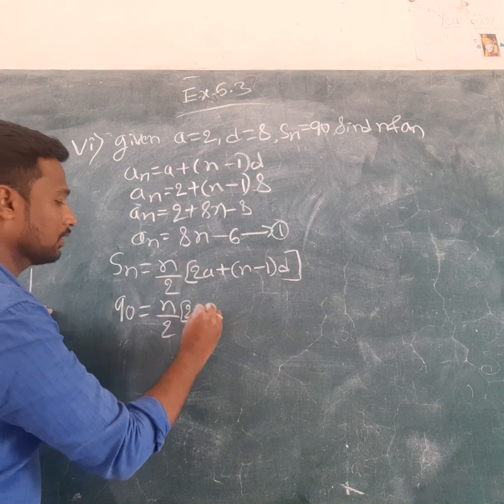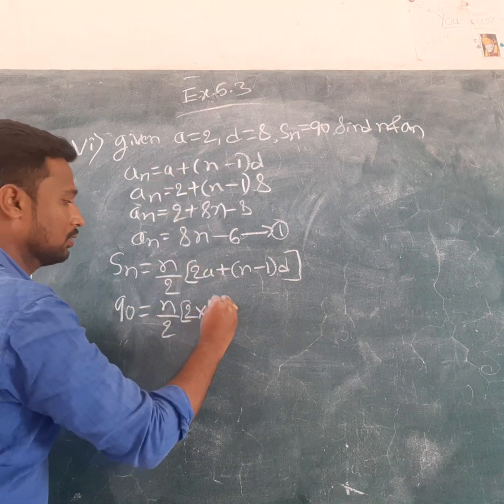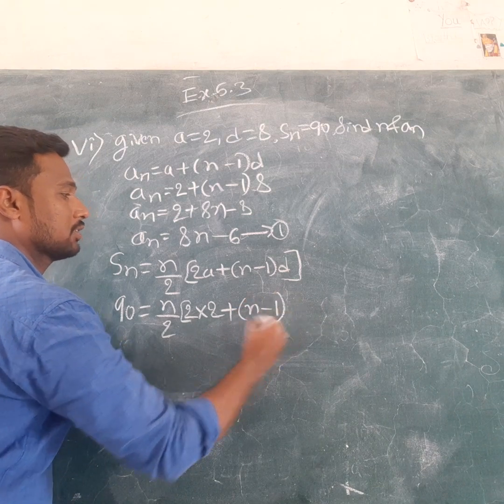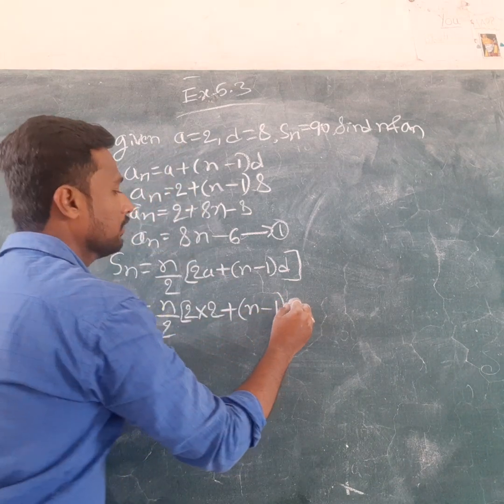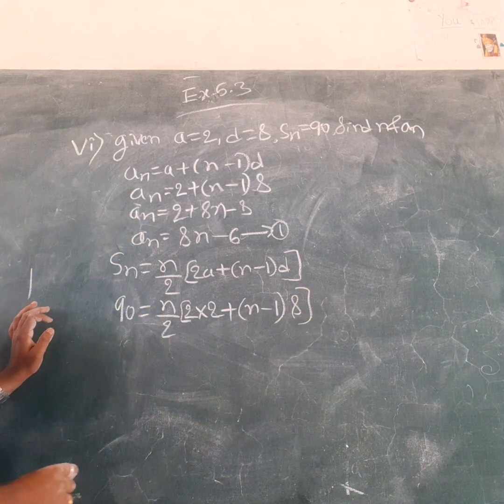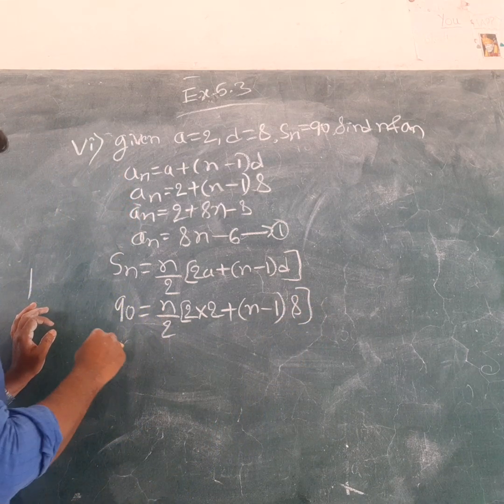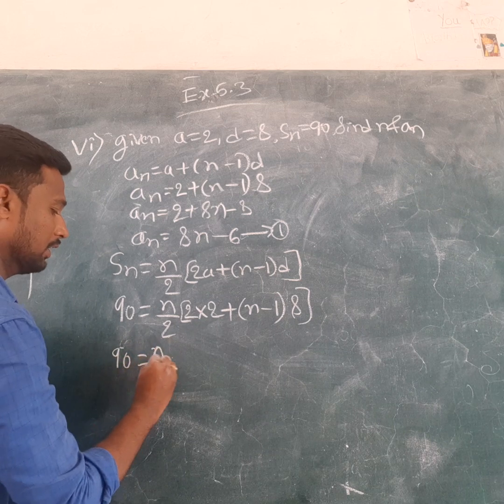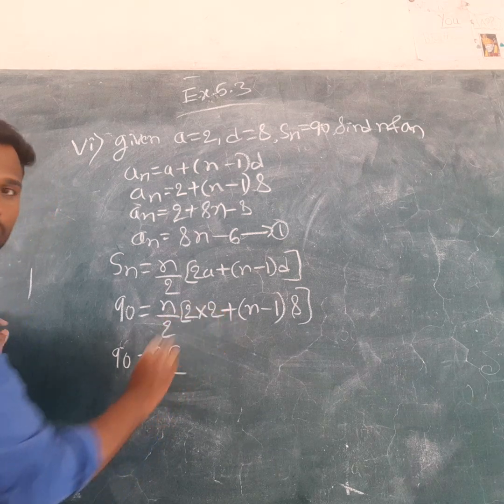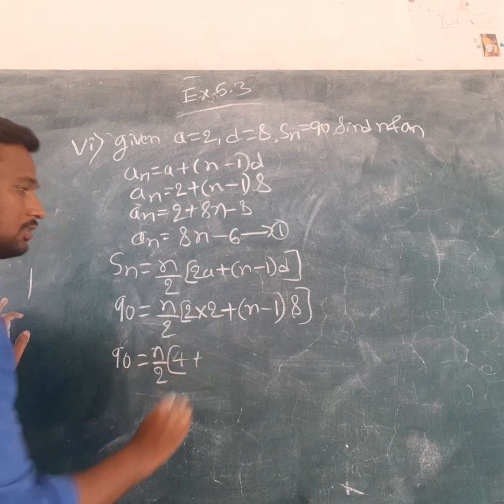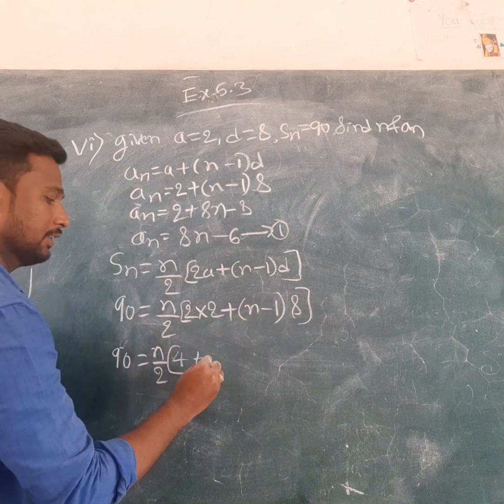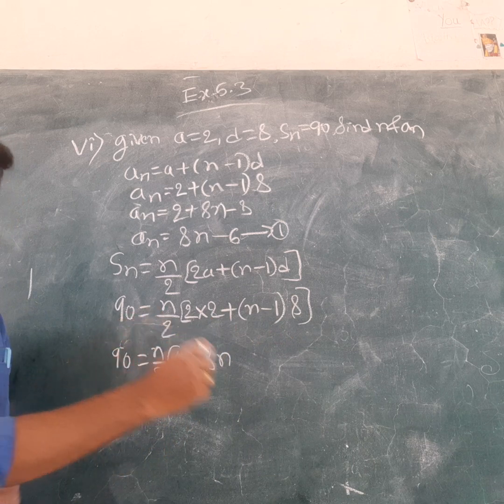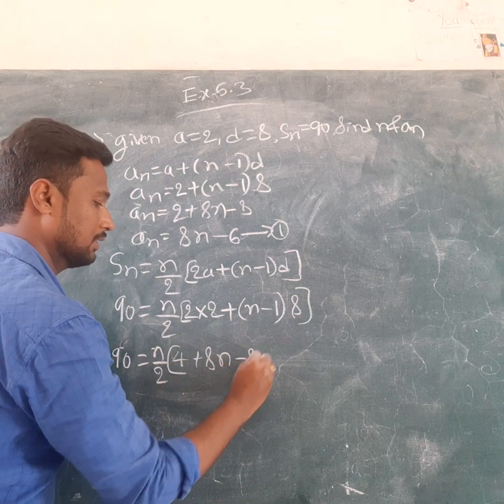What is the a value? They have given directly a value as 2 plus, we have to calculate n value, so n minus 1, and they have given d value as 8. So now what I will do? 90 is equal to n by 2 into bracket 2 into 2, 4, plus n into 8, 8n, minus 1 into 8, minus 8.